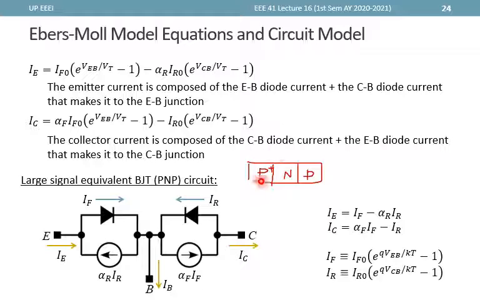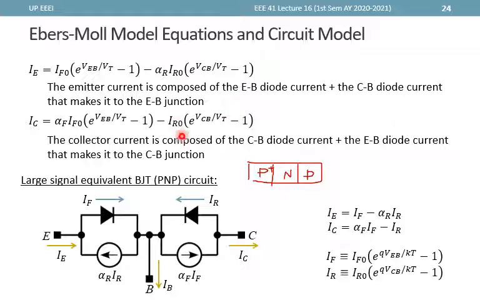So this diode here came from this one, and this diode here came from this one, PN. And this IR is represented by this equation.